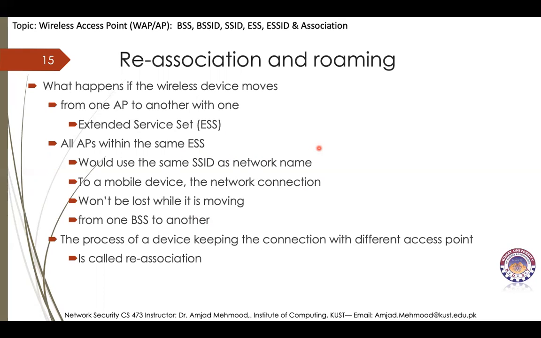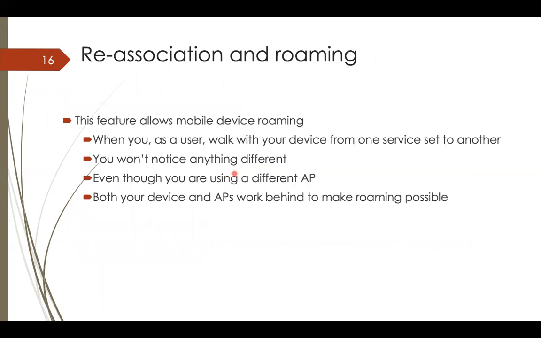The same SSID will be used for connecting with another access point in the extended service set. So this is reassociation and roaming. Your communication will not be interrupted while moving from one BSS to another in an extended service set.